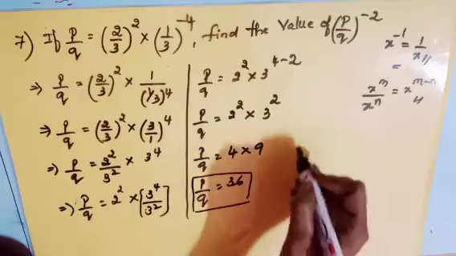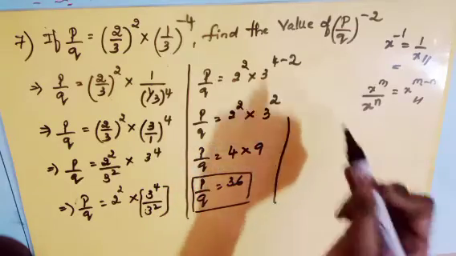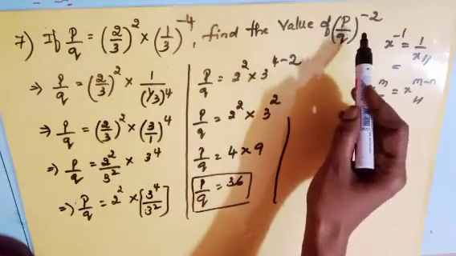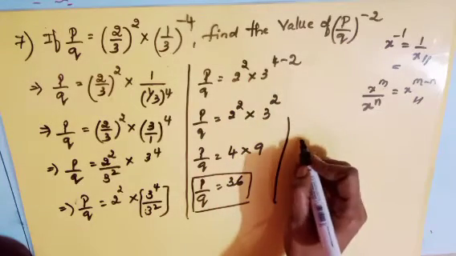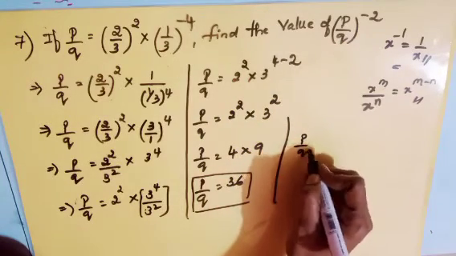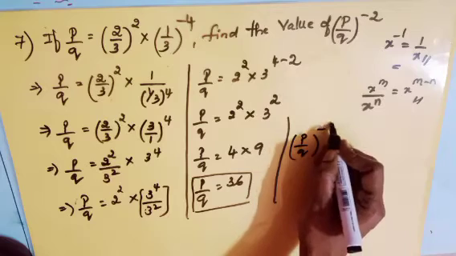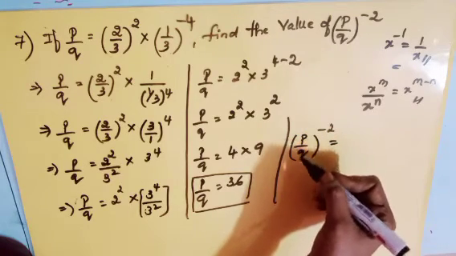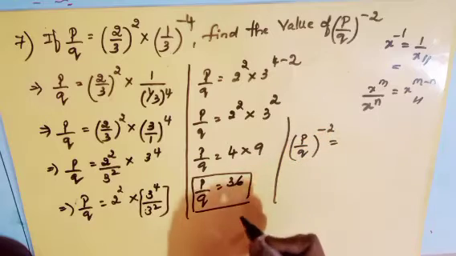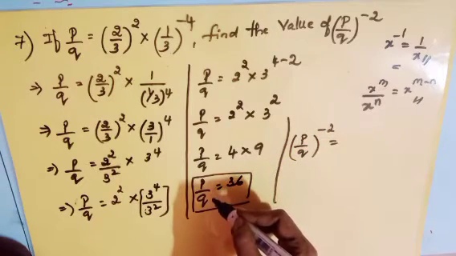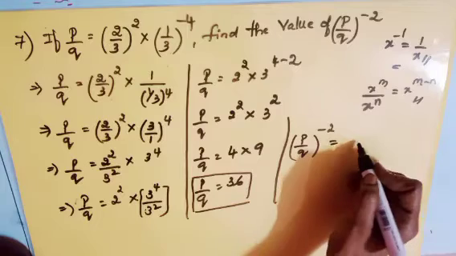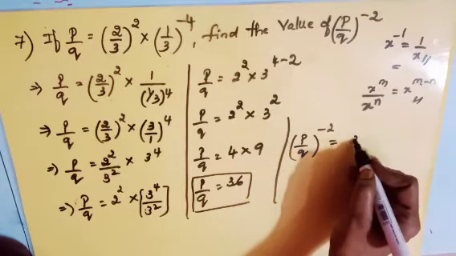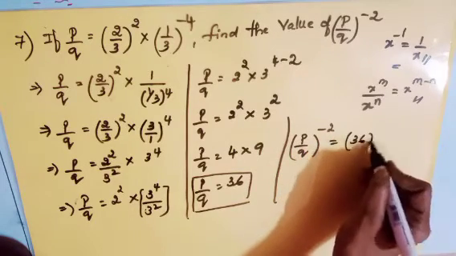In the question, what they asked is to find the value of P by Q whole to the power of minus 2. We know the value of P by Q is 36. So the value is 36 whole to the power of minus 2.